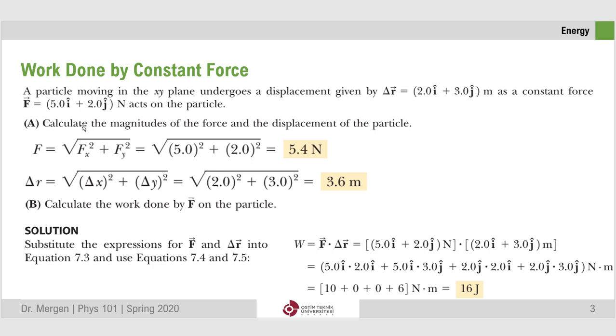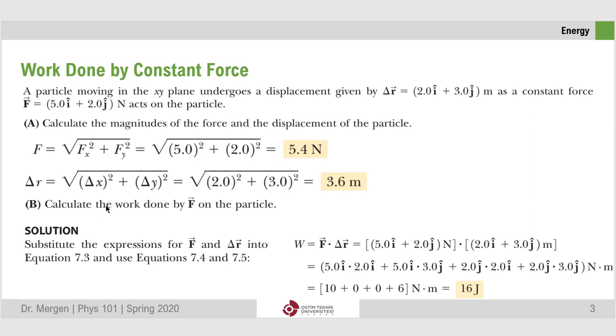In part A, the question asks us to calculate the magnitude of the force and the displacement of the particle. So you know how to calculate the amplitude of a vector. Therefore, from those values here, 5i and 2j, and here 2i and 3j, we obtain the amplitudes of the force and the displacement as this.